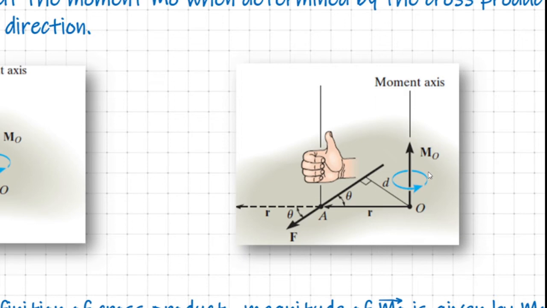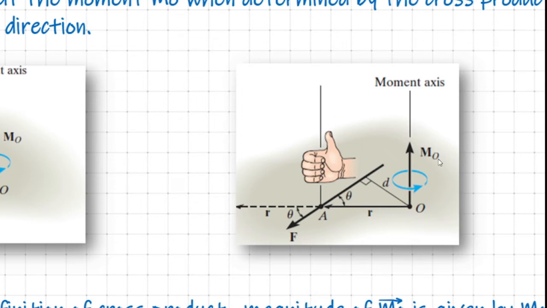Now the question is whether this moment vector, which passes through the point O, should be directed upward or downward. We are talking about R cross F, from R to F. So we have to curl the fingers in the anti-clockwise direction as shown here. We find that the thumb is pointed upward in this case.